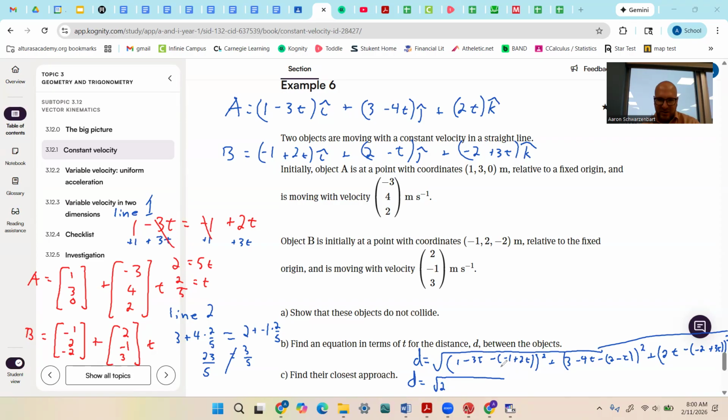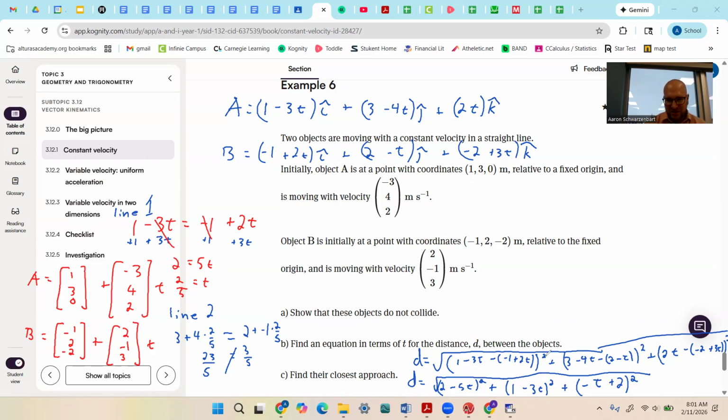My -3t, that's going to become minus 2t, is minus 5t. Plus 3 minus 2 is 1. -4t plus t is minus 3t. Plus 2t minus 3t is -t plus 2. So this is a formula for my distance.